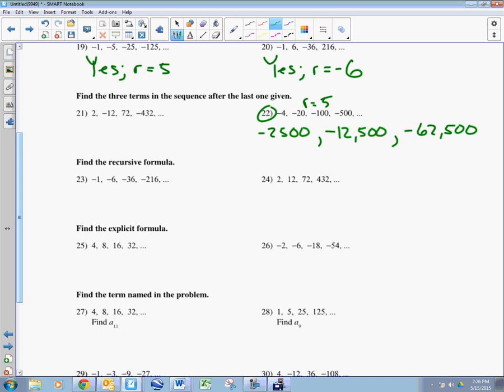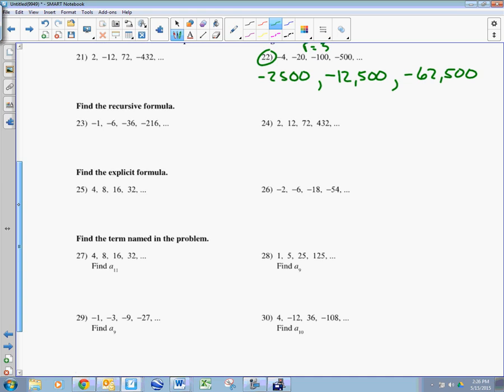Pretty easy, right? Okay, let's try something different then. Find the recursive formula. So a sub n is equal to what do you do to the previous term to get the next term in this one? Multiply by 6. So we take 6 times the previous term. What do I also have to provide? The first term.